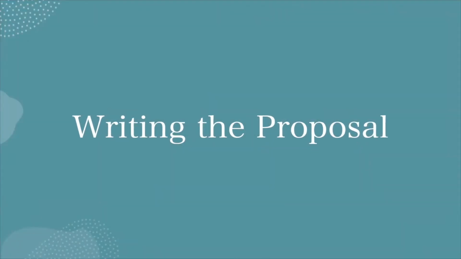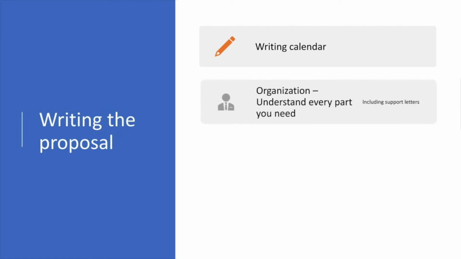So now that you've submitted your letter of intent and you're ready to go, let's talk about how to write the proposal. The first thing that I'm going to tell you to do is use a writing calendar because you need to stay organized. That is so very important. And then you want to reread that FOA so that you can understand every part that you need to write, like your commercialization plan or your technical proposal.